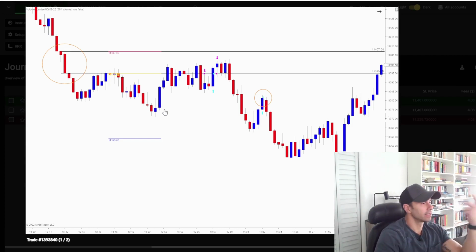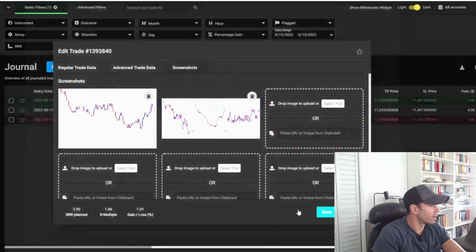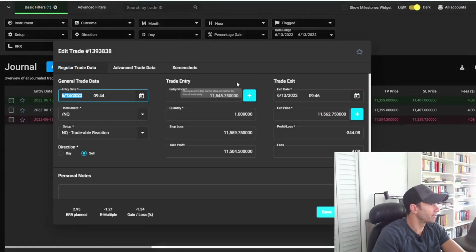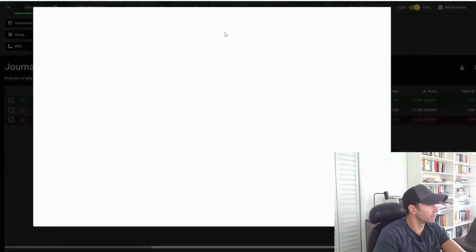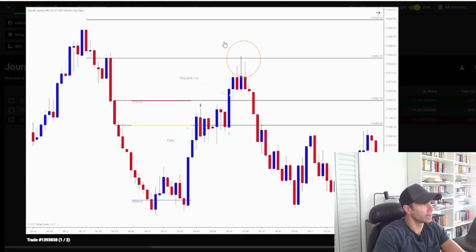If you guys see on my first trade, I did have this zone marked off. Here I had it right here, right? But I didn't take it, I don't even know the reason, probably fear or insecurity, whatever.